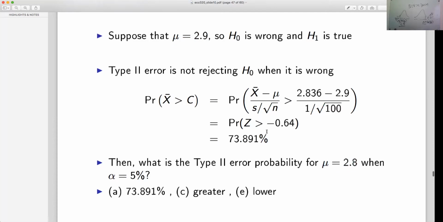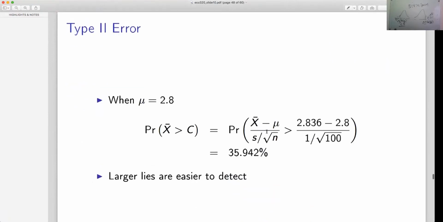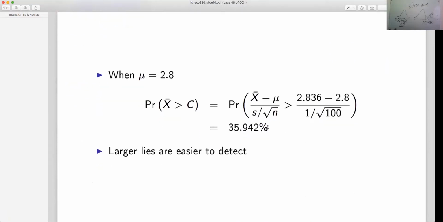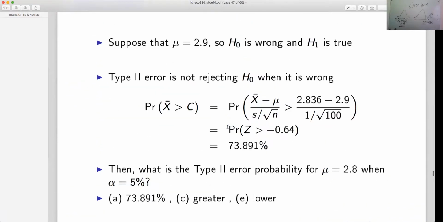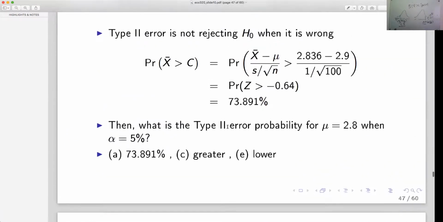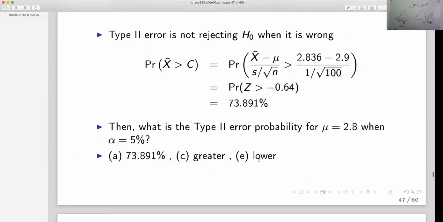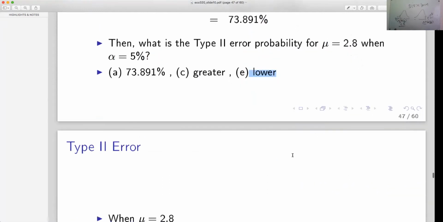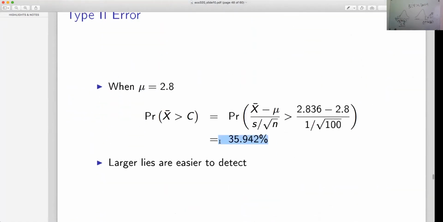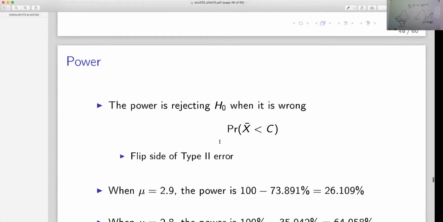I explained this about 10 or 20 slides ago, so please go back and read it. So as a result, it decreases. If I ask whether it increases or decreases, instead of calculating, you can just say it's lower. That's it. But if you do calculate, it is indeed lower.